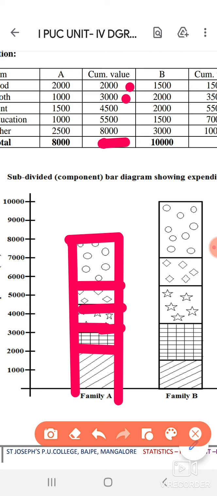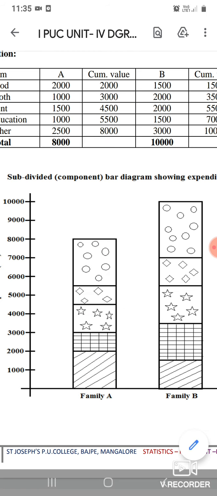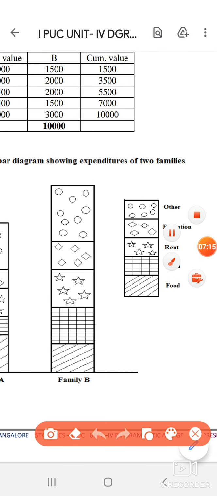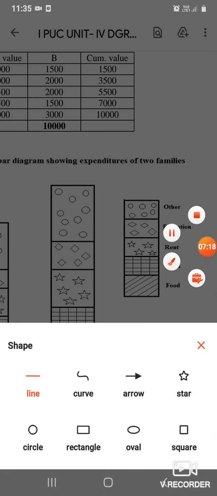And then shade different components like this and like this, and here circles and all. So in the same way, draw the second bar. See the second bar here.